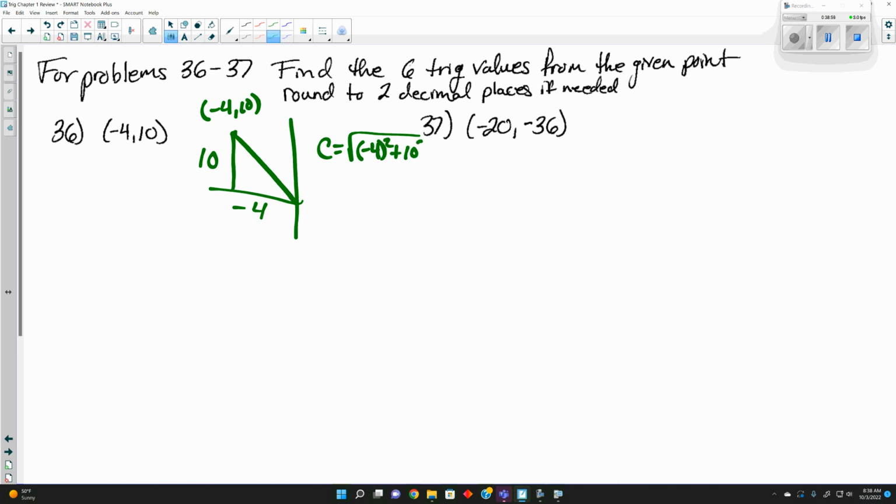plus b squared, yes? Now in the calculator for this one, I don't plug in parentheses negative 4 close parentheses squared, because we know this number is going to come out positive, yes? So we could really take the square root of 4 squared plus 10 squared to get the answer.